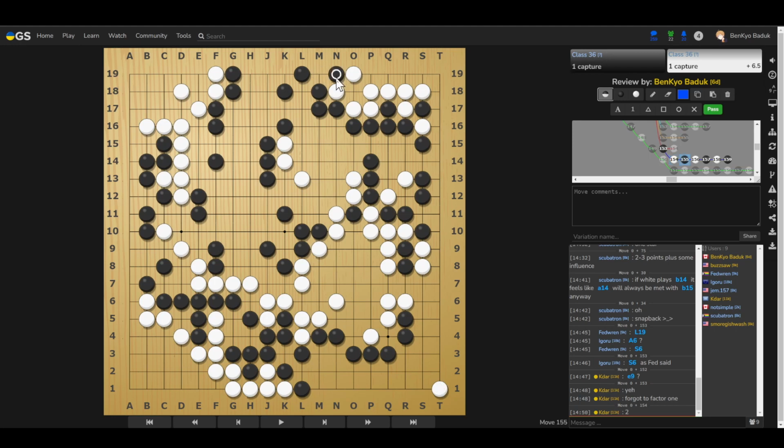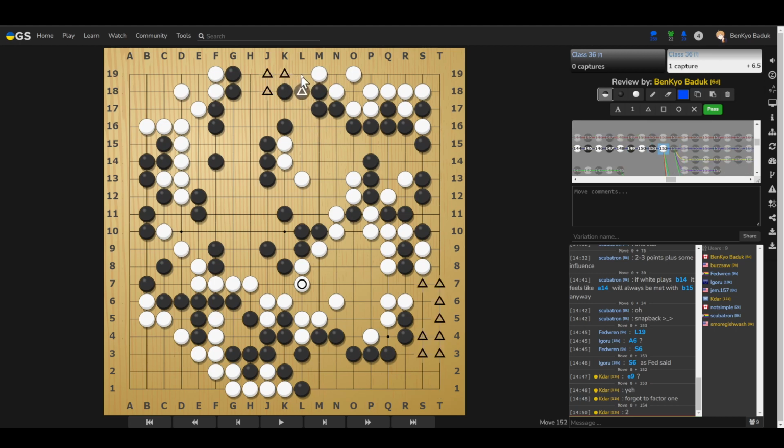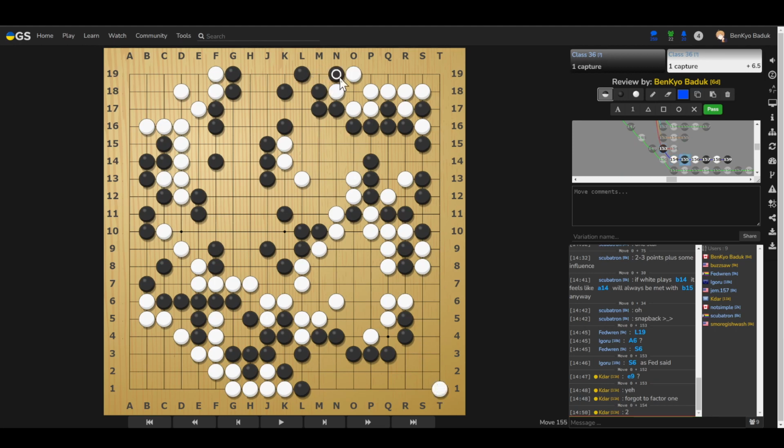However, we don't know if black gets this capture or white gets this one, because both players will tenuki for the time. This move is much bigger, so after this move, white plays away and black also plays away. But to find the value of this capture, you also have to know the value of this capture, and this capture. So you have to get this one and cascade it back to this one and then to this one. It's really complicated. So for those, you just give it a little guess and it's fine. Like 2 points, yeah, that's fine.